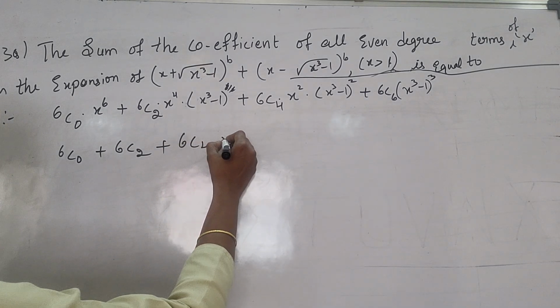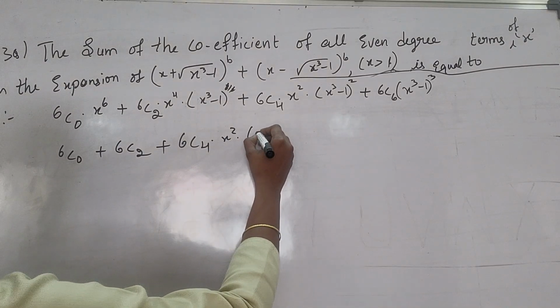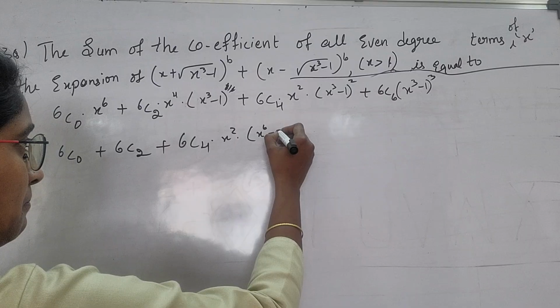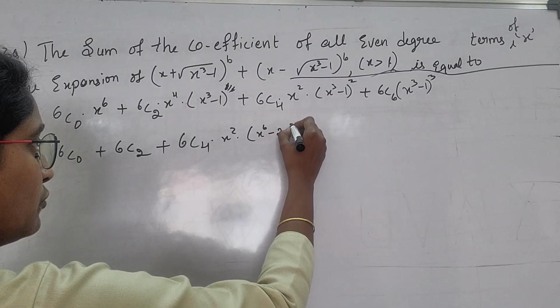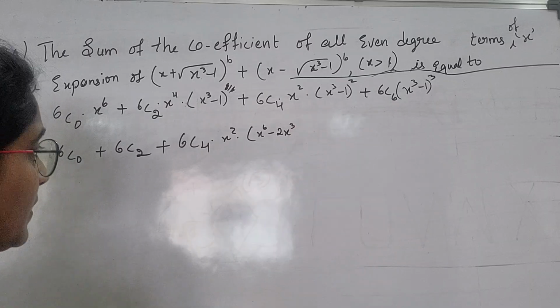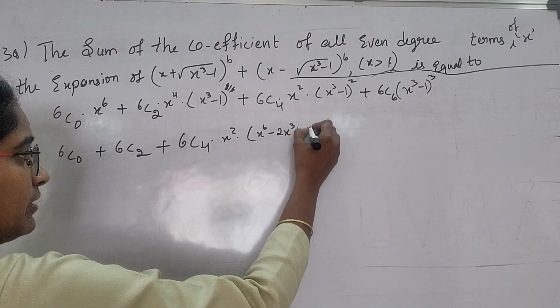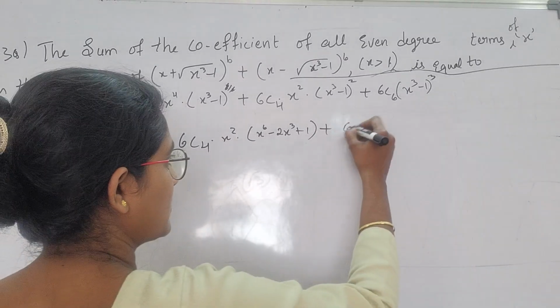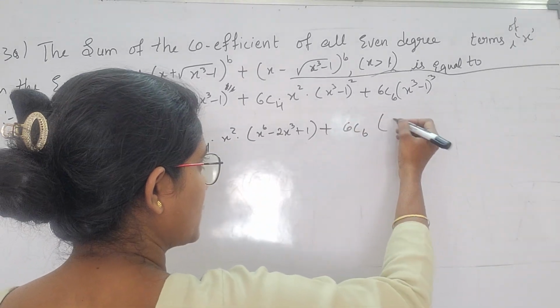6C4 x square, x cube means 6 minus 2 into x cube plus, is it a plus square, right? Yeah, it's plus 1. Okay, plus 6C6, here is cube.